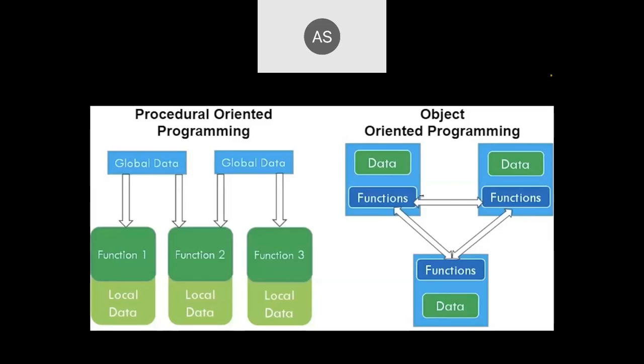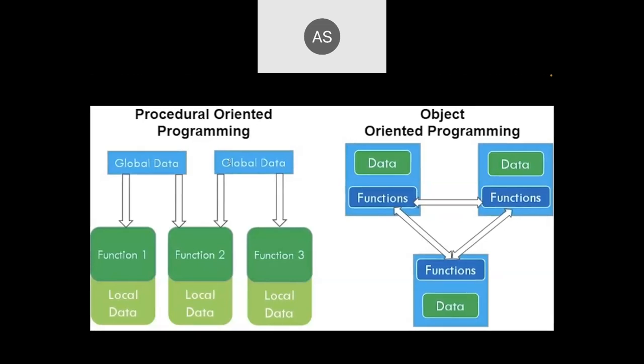Okay, let's see it in practice now. We're going to see why we use object-oriented and what the difference is between procedural programming and object-oriented programming. In this figure, we have global data. What's the meaning of global data? It's just data inside our program, and we're going to pass each data to function 1, function 2, function 3.